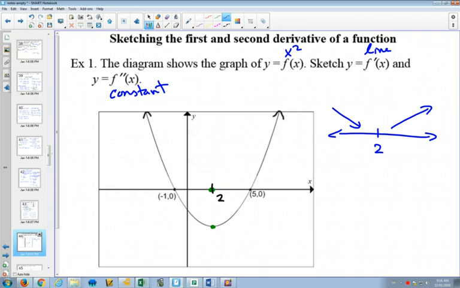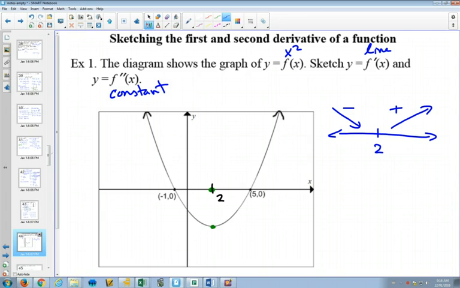Well, if it's decreasing here, what does that tell us about our derivative? Our derivative had to have been negative. And after 2, if it's increasing, our derivative would have to have been positive.